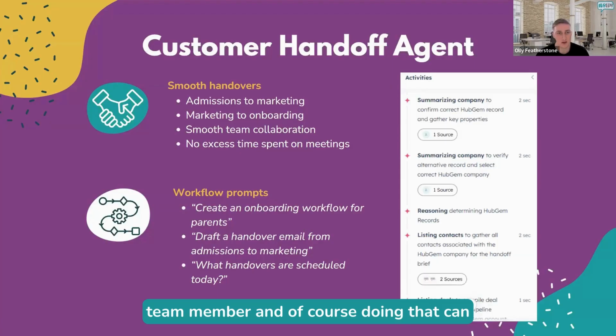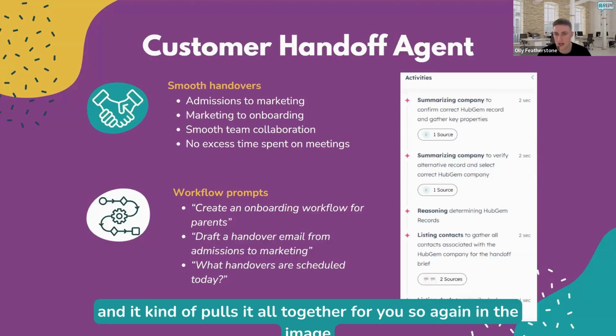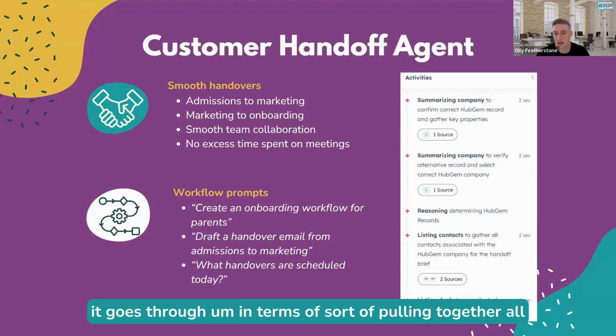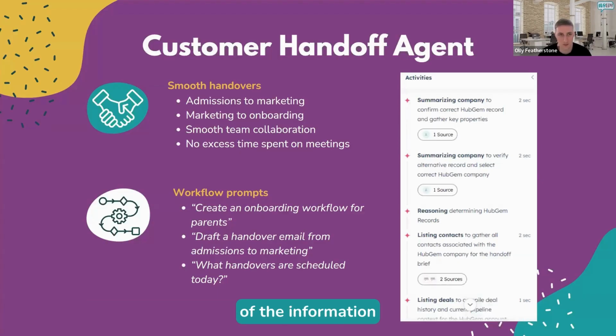And of course, doing that can be quite an admin heavy process, and no doubt, unfortunately, you lose a bit of context along the way. So this agent really allows you to do all of that in a much more seamless way, and it pulls it all together for you. So again, in the image, you can see what it goes through in terms of pulling together all of the information.